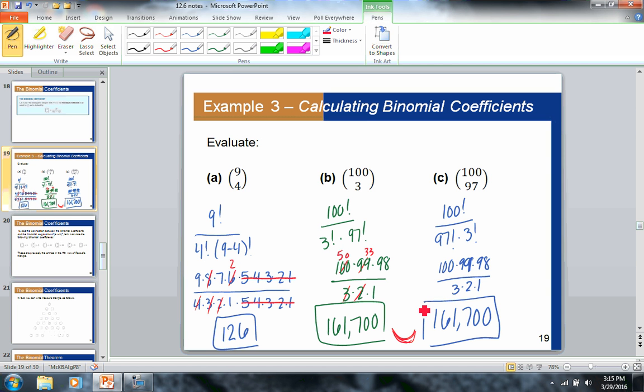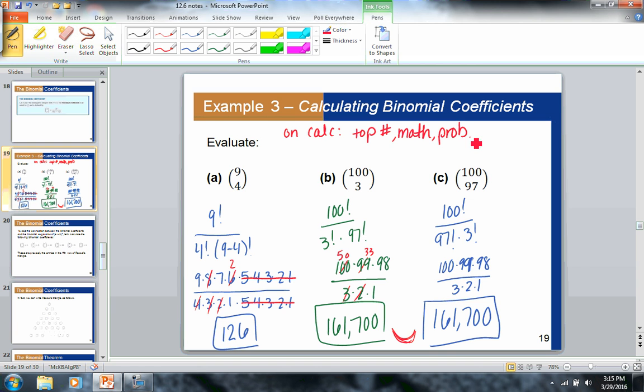Now, on your calculator, if you want to do this, you have to enter this top number first. So let me write these steps down. We'll talk about this in class as well. But you enter your top number, so you would enter 9. And then you're going to go to the math menu, and arrow over to the probability menu.